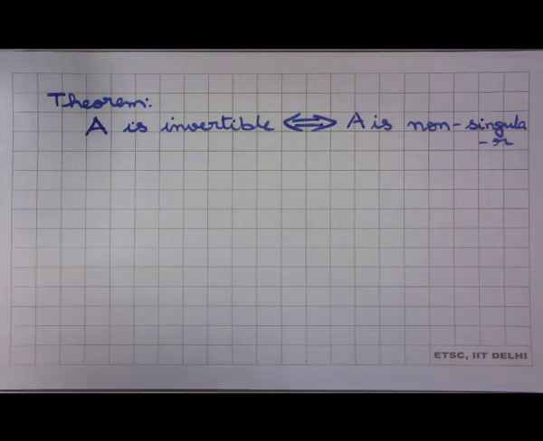How will we look at the proof? Well, we will look at both ways, both the if and only if part. First, we will say that if A is invertible, then it is non-singular, that is, its determinant is non-zero, and the other way around, that if it is a non-singular matrix, then we can show that A is invertible.